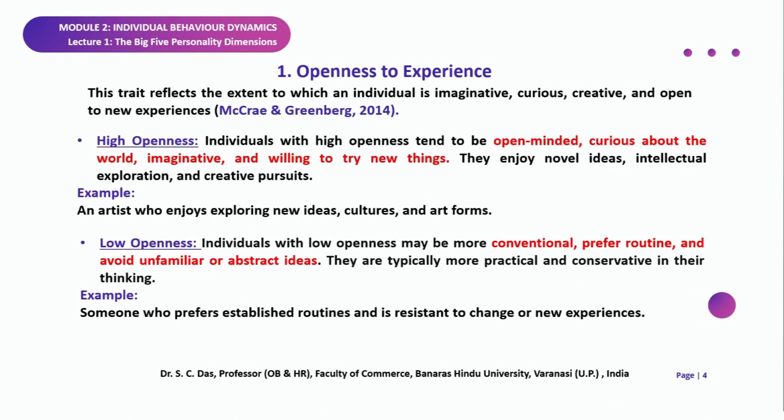Openness to experience, its clarification is basically required. It is one kind of trait. If a person has this kind of trait, he will be imaginative, curious, creative and open to new experience.